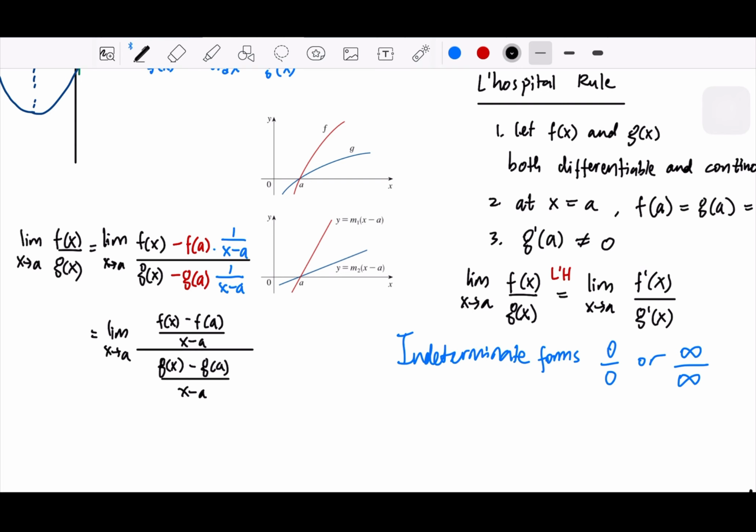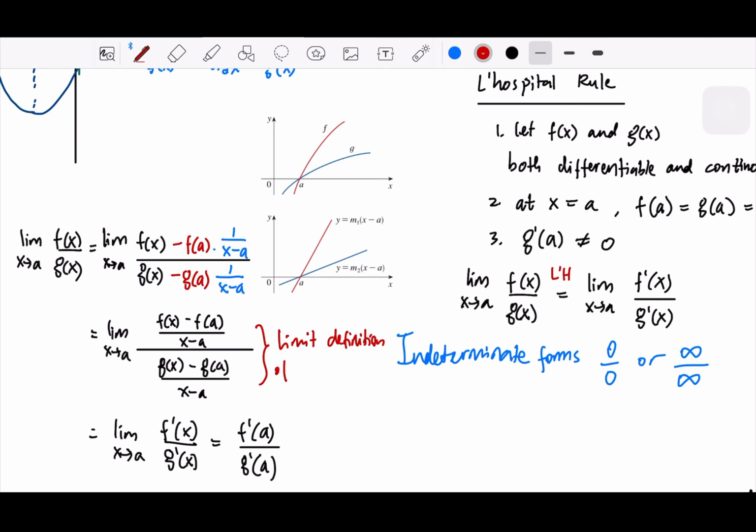The limit definition of the derivative. So we can say that this is going to be f prime x over g prime x, and with that, we can substitute a for x, and we have our final solutions. So this is the limit definition of the derivative.